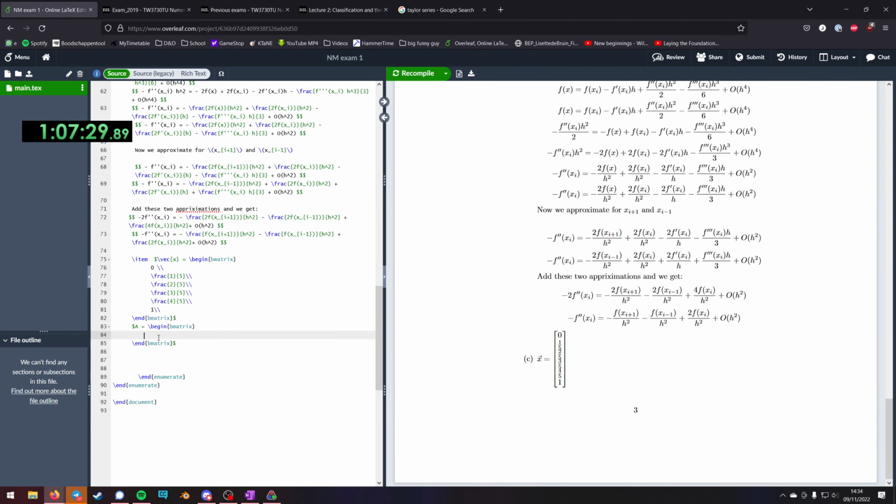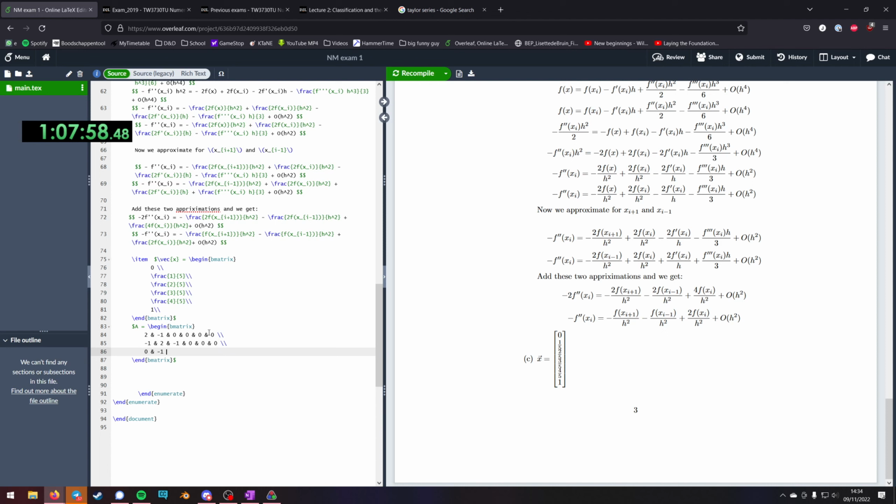So that becomes 2, ampersand 1, ampersand 0, 0, 0. Oh wait, no, yeah, we do. So it's 1, 2, 3, 4, 5, 6. 1, 2, 3, 4, 5. This shouldn't be 1. It should be negative 1. 2, ampersand negative 1, ampersand 0, 0, ampersand 0.